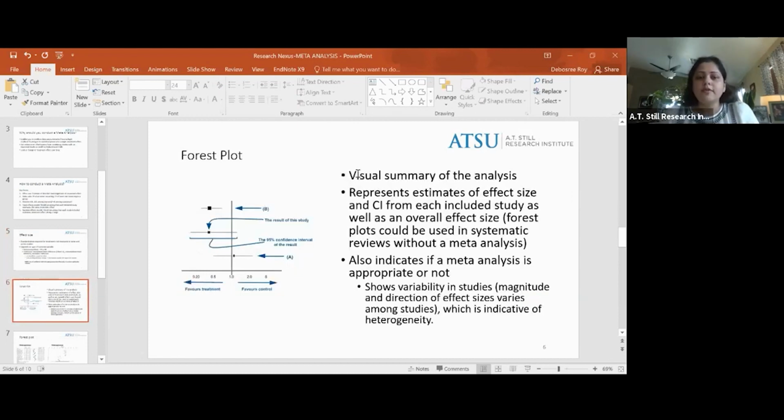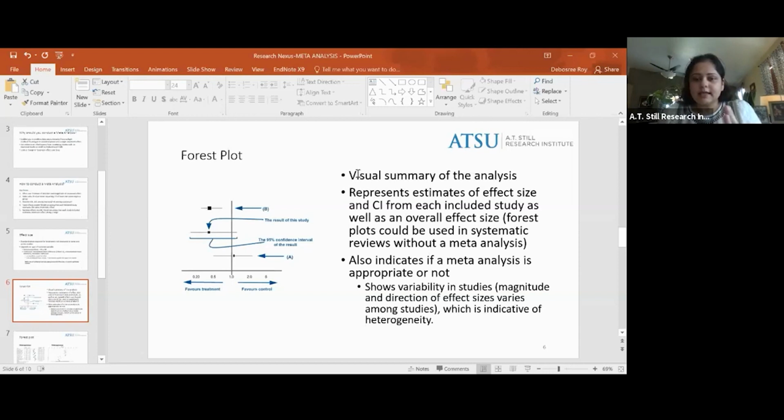So a forest plot is an essential part of a meta-analysis because it's a visual summary of your analysis. It does not only apply to meta-analysis. You can conduct a forest plot with your outcome data, not from a correlation matrix, but from a summary, like a mean and confidence interval table from your systematic review.